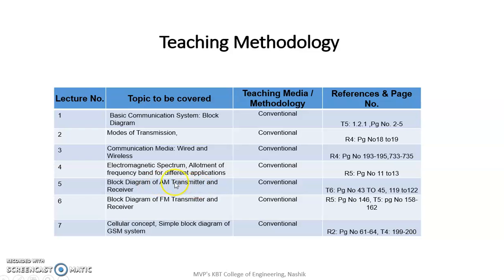In AM, the basic concept of amplitude modulation, how that modulation is useful for the transmission, and what different methods are used for the reception of the transmitted signal at the user side, and then the block diagram of FM transmitter and receiver.